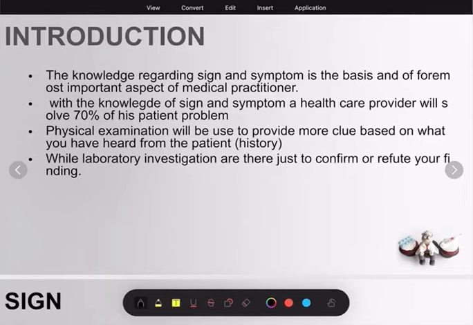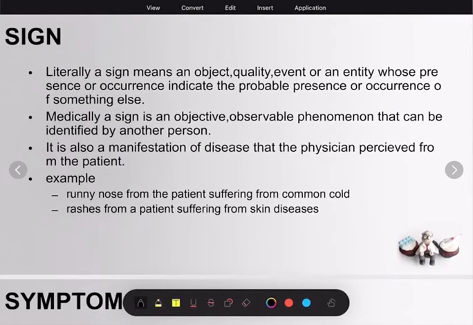What is a sign? Literally, a sign means an object, quality, event, or entity whose presence or occurrence indicates the probable presence or occurrence of something else. Medically, a sign is an objective observable phenomenon that can be identified by another person.